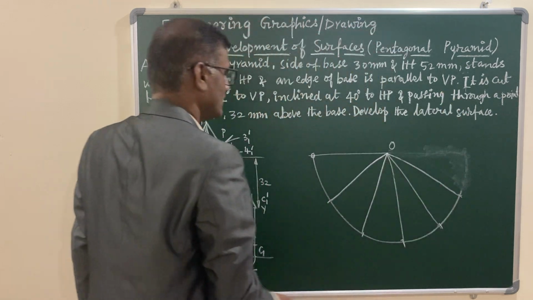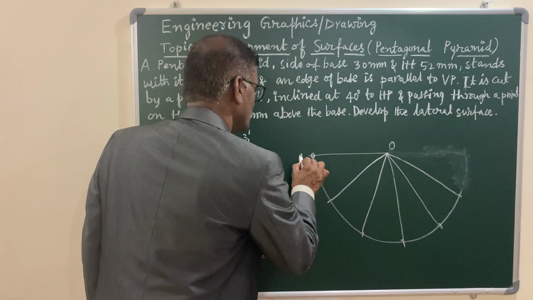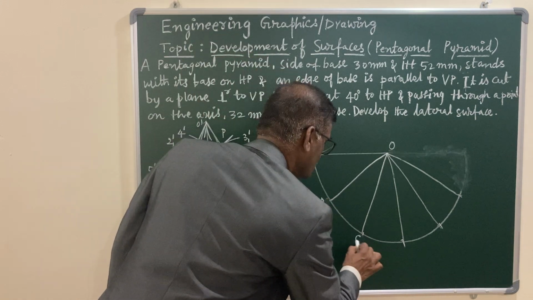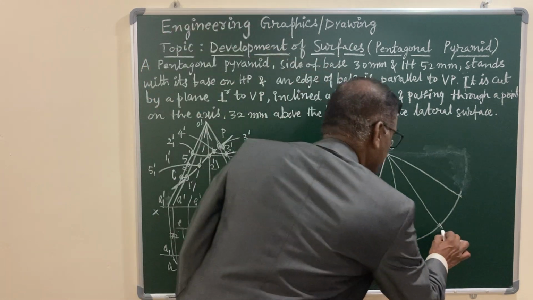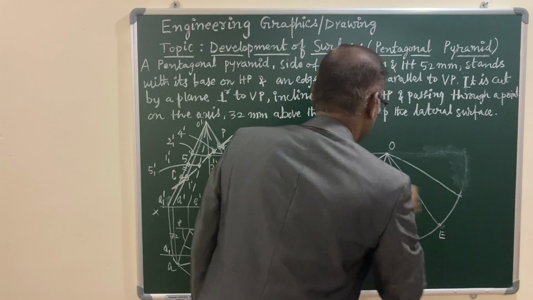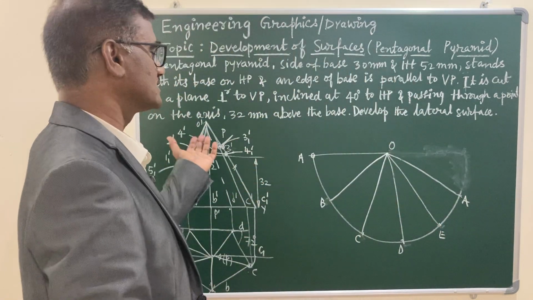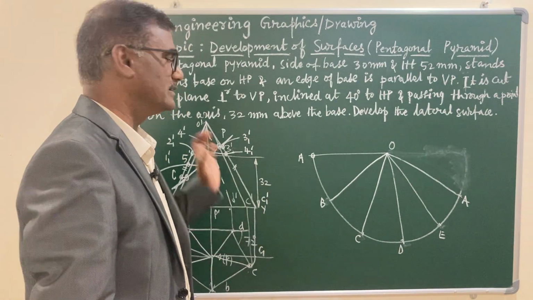Now you mark all the edges with capital letters. The first one is OA, second one is OB, OC, OD, and OE. After OE, your A will be there, because after developing, your left edge will be repeating on the right edge. So you have developed the pyramid.